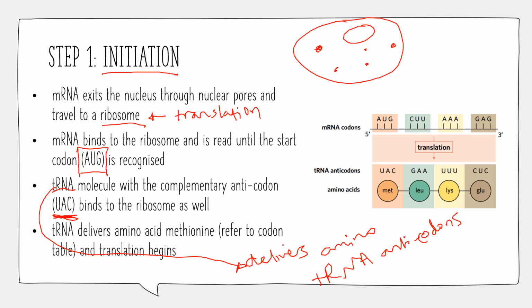Hopefully you note that this is complementary to our start codon in our mRNA. This is called an anticodon. It's what's complementary to the codon, okay? And this is how it reads it and how it brings over the appropriate amino acid. Once the tRNA reads it with its anticodon, it brings over the appropriate amino acid, which is methionine for this one, because that's our first amino acid. That's how translation begins, okay? So that AUG really needs to be recognized.